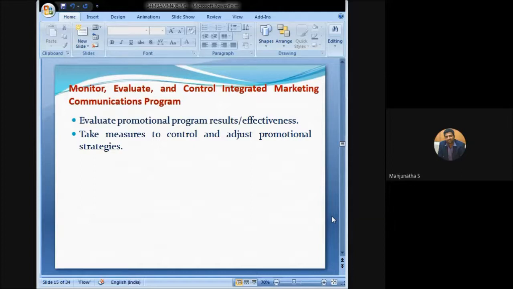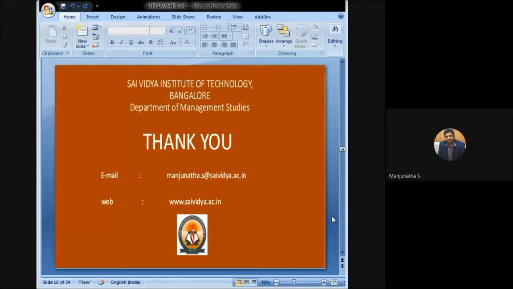We have to find that loophole or issue and resolve the problems, or bring solutions for such gaps. So monitoring, evaluating, and controlling the whole process is required to create an effective IMC program. Here we'll wind up the session.